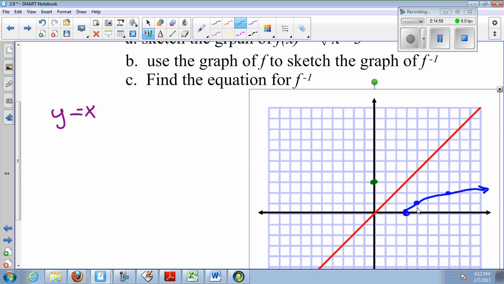And then at 4, 1, we're going to be at 1, 4. At 7, 2, we're going to be at 2, 7. So we now have the graph of f inverse of x using f of x and reflecting it over the line y equals x.